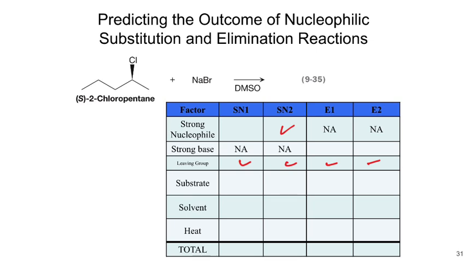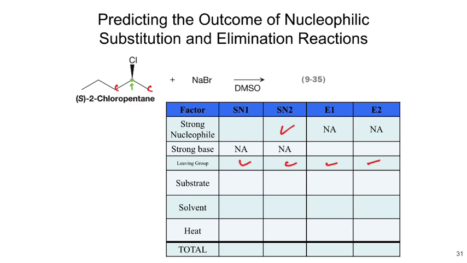Substrate. So now I look at my substrate. What substrate do I have? So being able to quickly classify it. What are the classifications we've dropped on our substrates? Tertiary, secondary, primary. I look at where the leaving group is located, and I want to evaluate how that carbon is substituted. Well, it's connected to two carbons. So I would call that secondary.